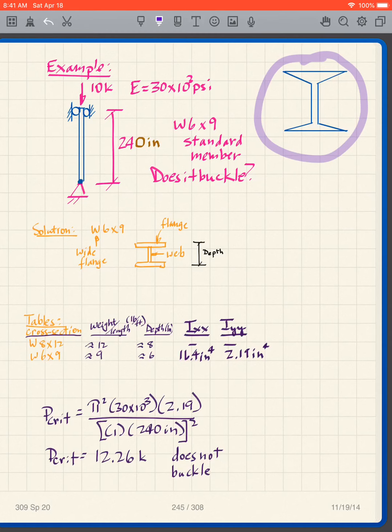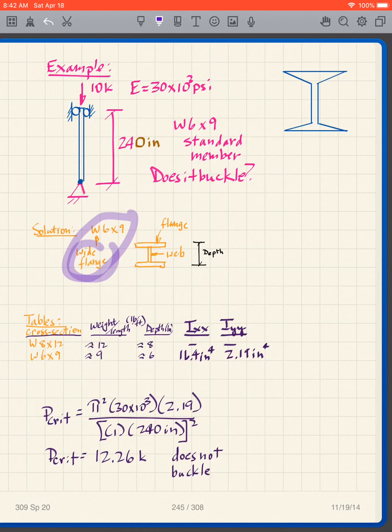And when you are in practice using standard beams, in other words, they're not custom made, you're using standard sections, then you can get the properties of that beam given to you. You don't have to calculate them out. In other words, you don't have to calculate out a moment of inertia for such a beam. And the meaning of the W6x9 is that the W stands for wide flange.